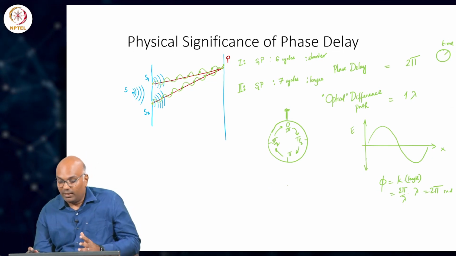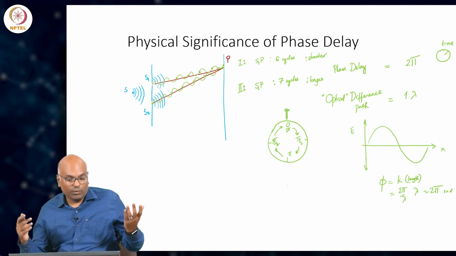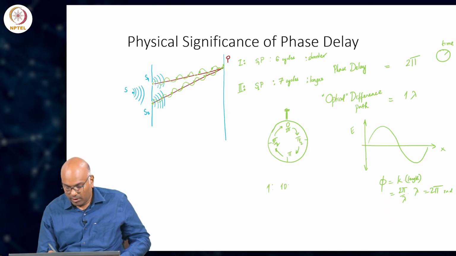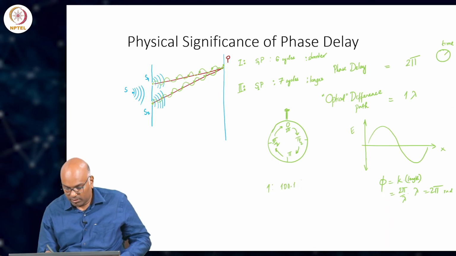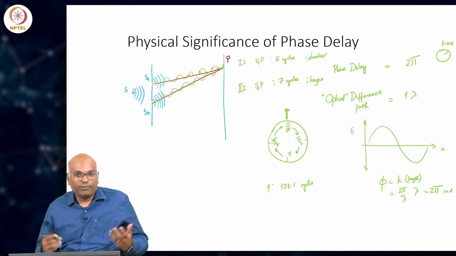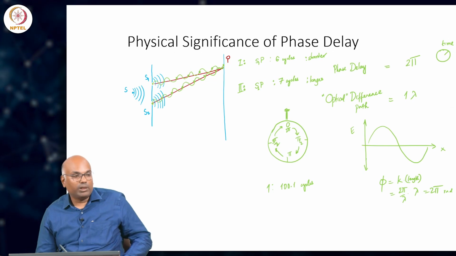So, any delay, it could also have been 1 versus 100.1 cycles. We may have wanted to compare two paths which are like that.